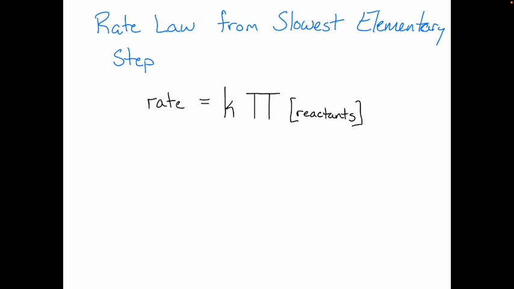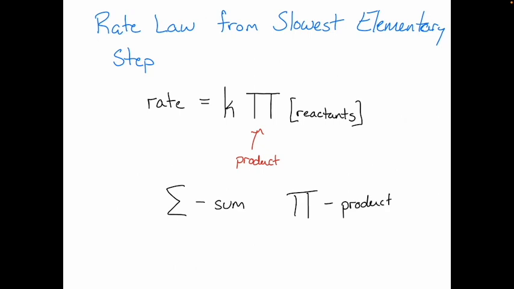First of all, this symbol here may or may not be new to you. This means the product. Much like the uppercase sigma means the sum, an uppercase pi means the product, i.e. you multiply everything together. So this is saying take all your reactants in that slowest elementary step and multiply their concentrations together.